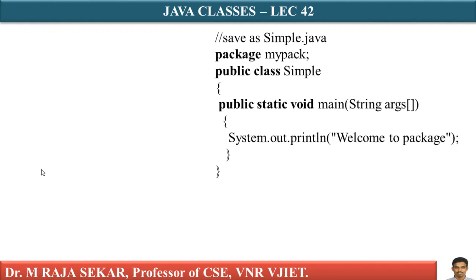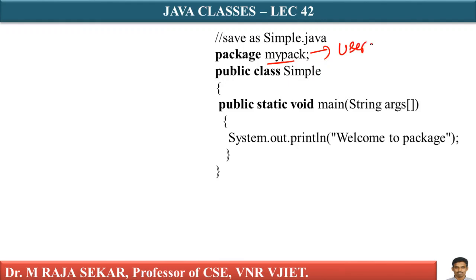Just observe this program. Package is a keyword. The package keyword is used to create a package in Java. Here I am creating a package whose name is mypack. It's a user defined package.